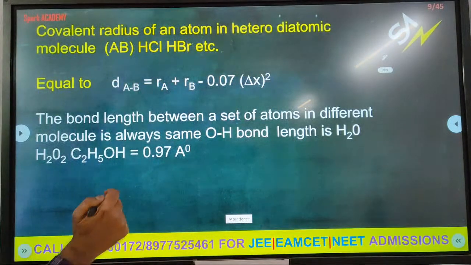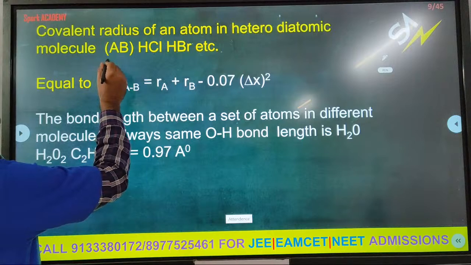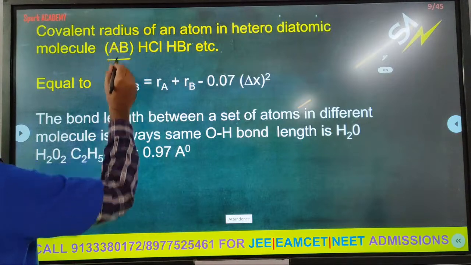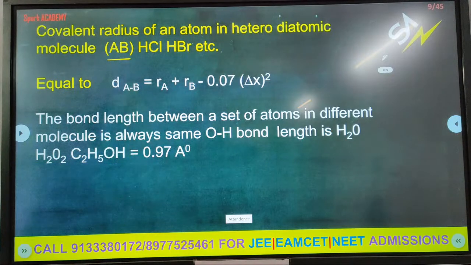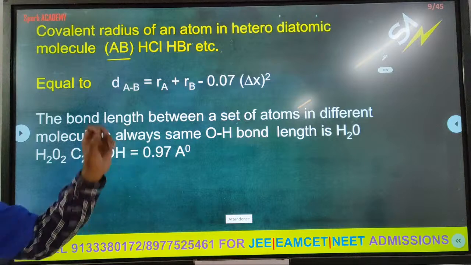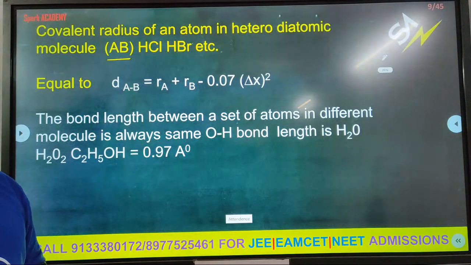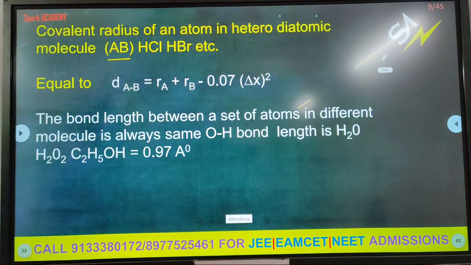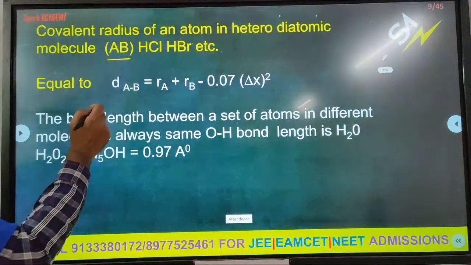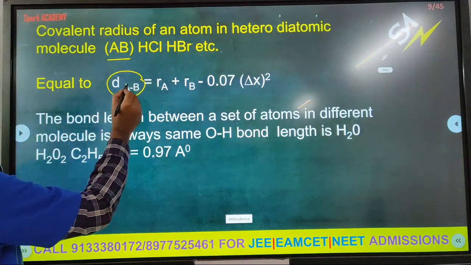Now, in the case of heterodiatomic molecules, they contain different atoms. Here A and B are different atoms. Examples: HCl, hydrochloric acid molecule, and hydrogen bromide molecule. These are examples of heterodiatomic molecules.